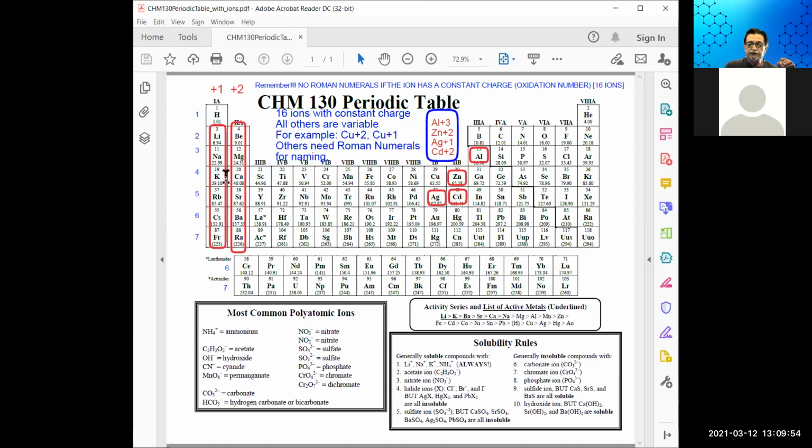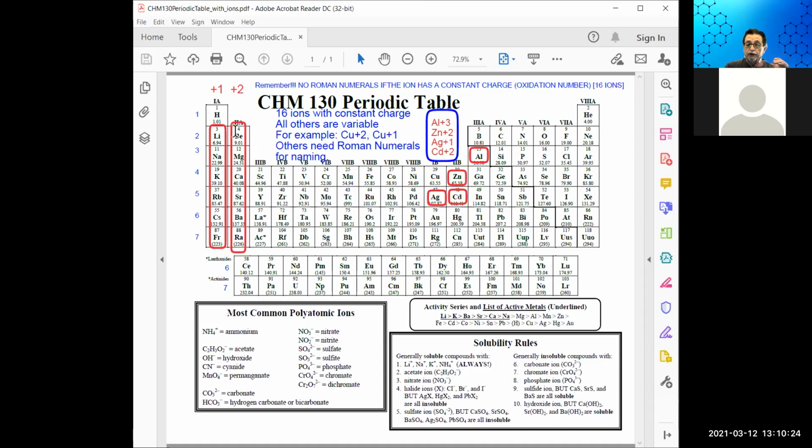There are 6 right there: 1, 2, 3, 4, 5, 6. They always will have a +1 oxidation number when they become an ion, because they all have 1 valence electron and they're all metals, and they all lose electrons more readily than non-metals.